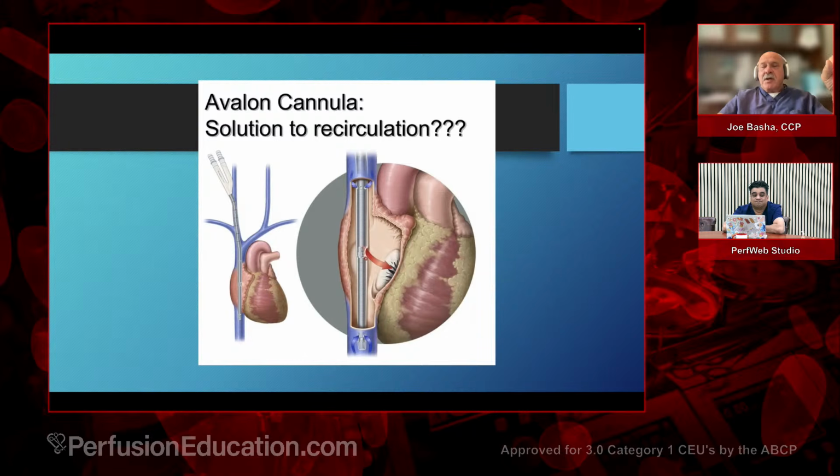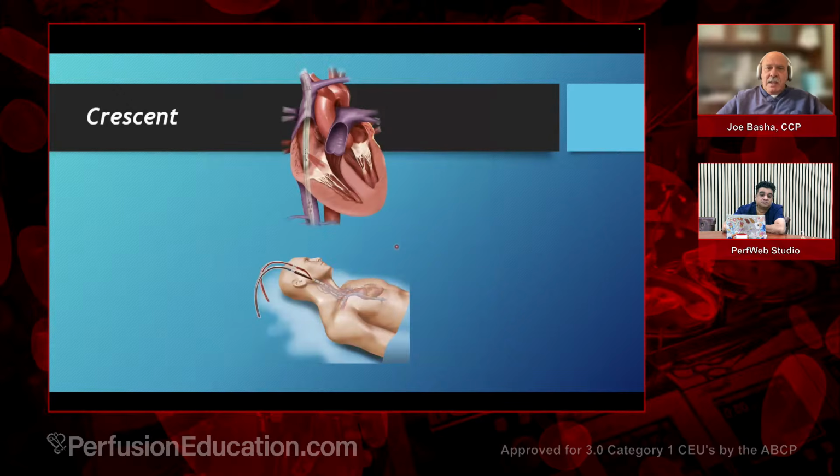But very important to know that you cannot insert this cannula with echo. You can do it, but it's dangerous and shouldn't be done. It should be inserted under fluoro for safety, and its position should be assessed using TEE. And here you see how it lies.